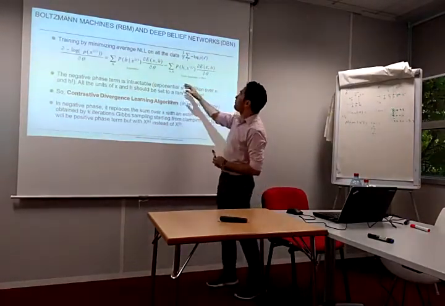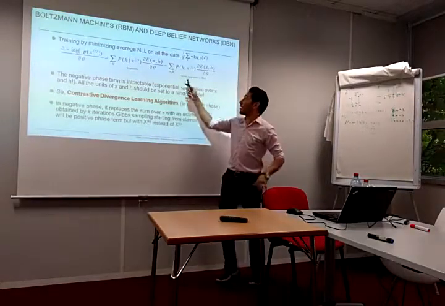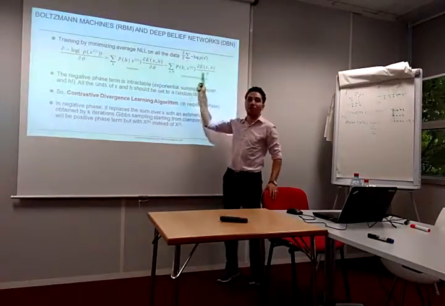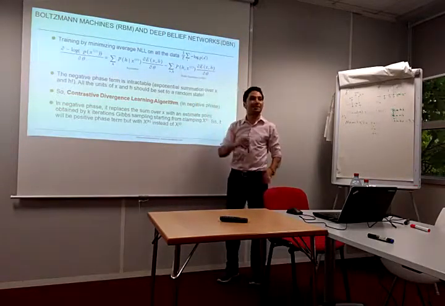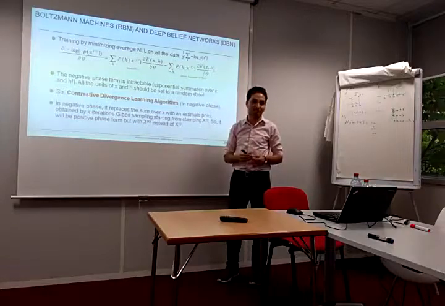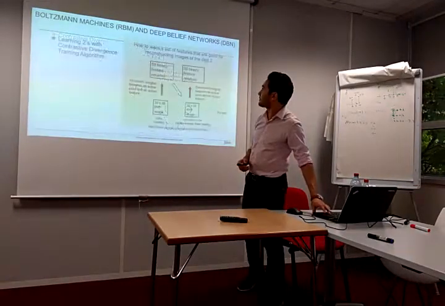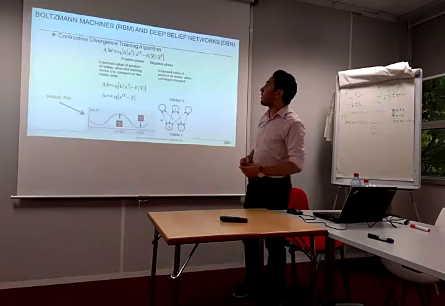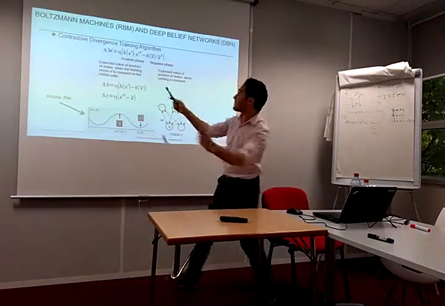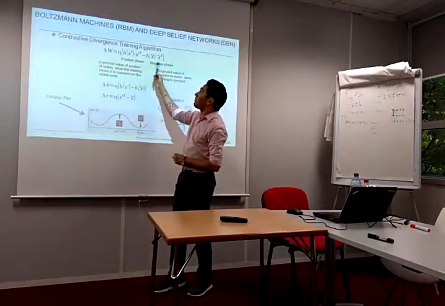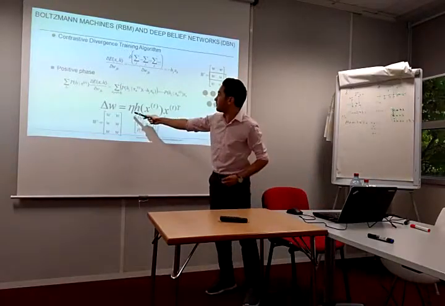If we want to remove x from here, instead of doing the summation over x, we can approximately remove this summation over x and put some value that is representative of x. How is this happening? It is by asking the network about its belief. So delta W will be the positive phase minus the negative phase. The positive phase we have already obtained from here.